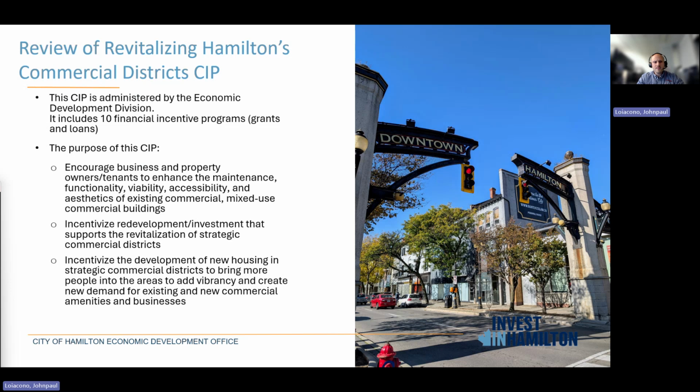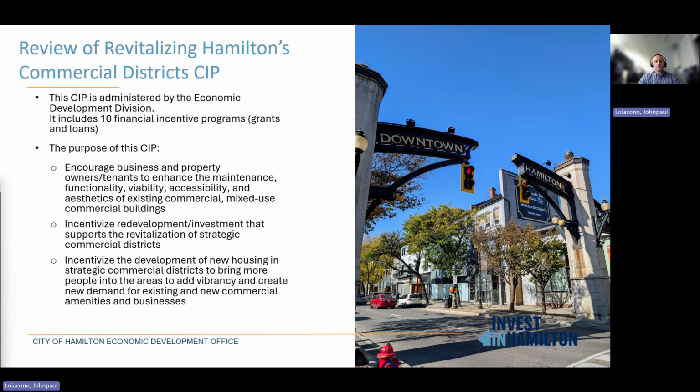And this CIP, the purpose of this CIP, isn't too different from, I would say, the goals of probably many CIPs across the province, generally. They're intending to enhance buildings. The CIPs are there to help with incentivizing private sector investment.